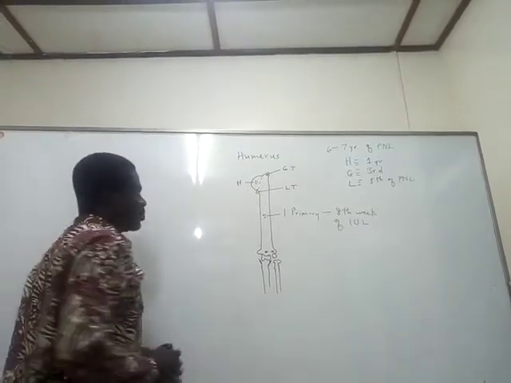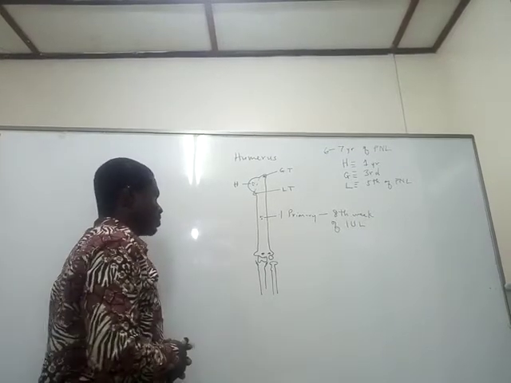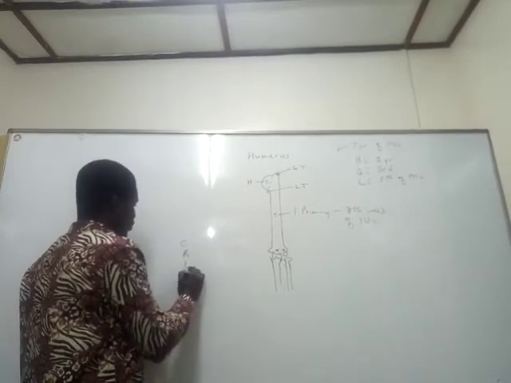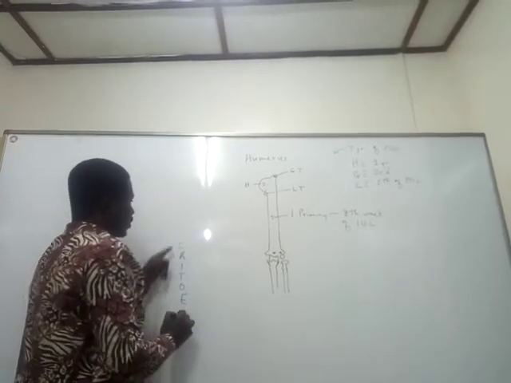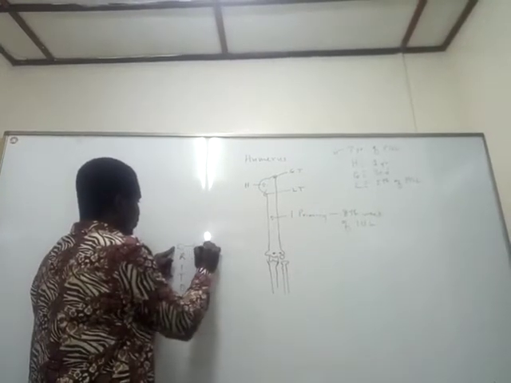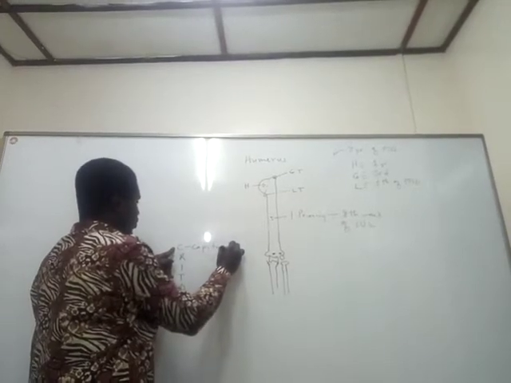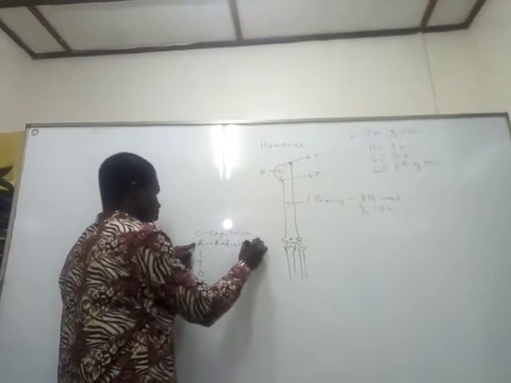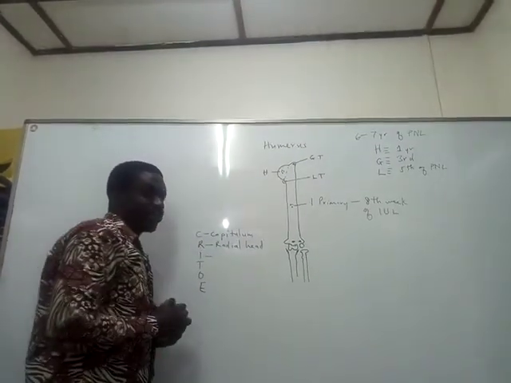So there is a mnemonic, and radiography people are really comfortable with this mnemonic: CRITOE. C is for capitulum, R for radial head, I for internal epicondyle.